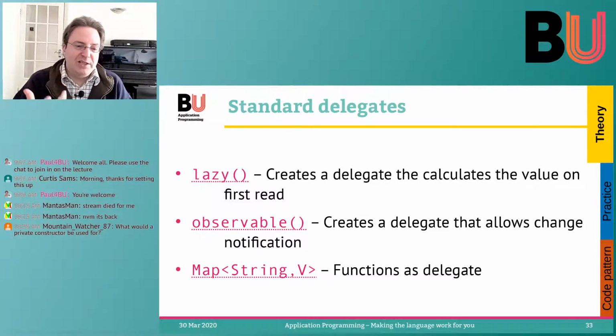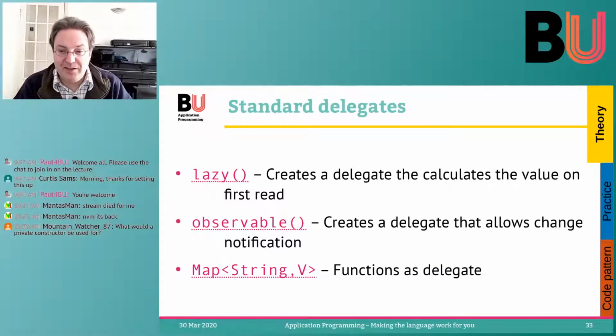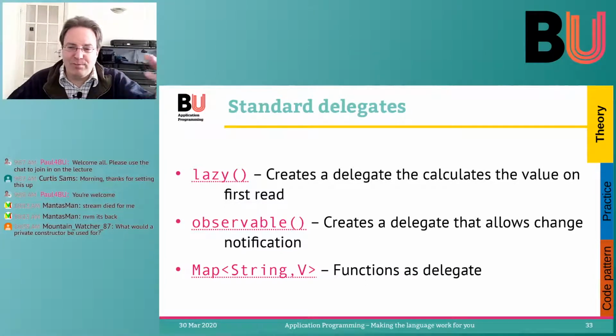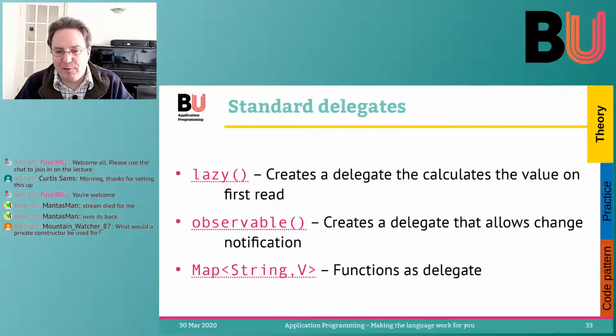So lazy is a very useful delegate if you want a variable that is expensive to calculate, and you maybe do not even know that you need it. Or sometimes when you initialize your class, you cannot validly create it yet because some other properties need to be created first, or there's a circular dependency of some sort. So lazy can often help with that.